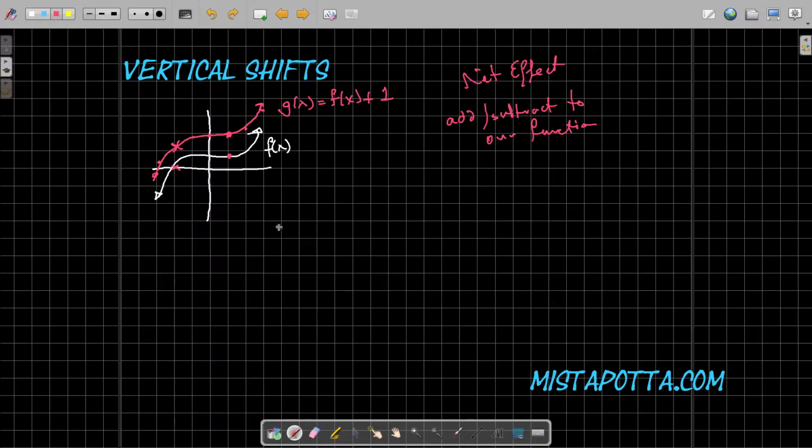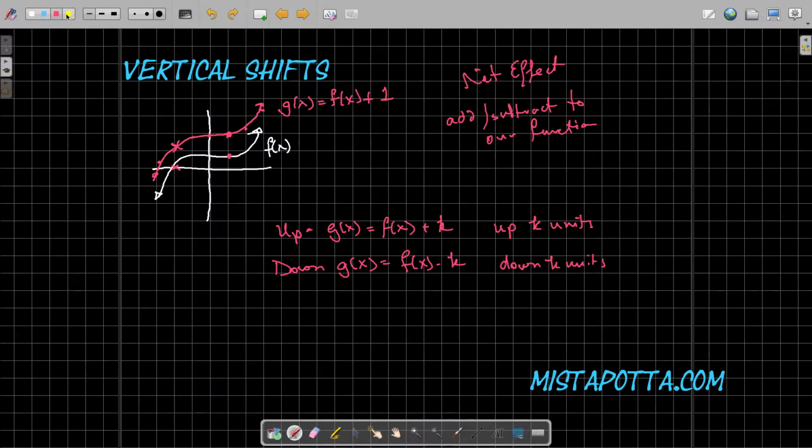In other words, to go up, we're really looking at g of x being equal to f of x plus some constant value k. So this goes up k units. And if I want to go down, then I want g of x to be equal to f of x minus k. And this would go down k units.